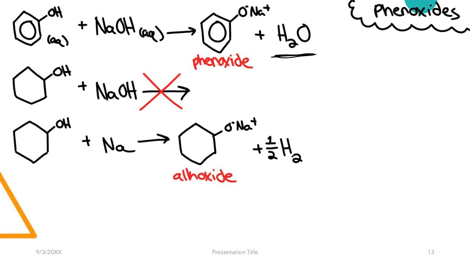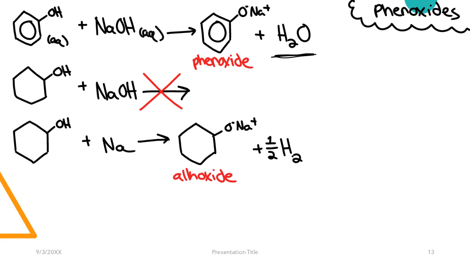It only happens with phenols because they're slightly acidic, so they can have acid-base reactions. Remember from Chem 1, acid-base reactions form a salt, which just means an ionic compound, which is what this is, and water. Okay, so this is essentially an acid-base reaction to form a phenoxide. But remember earlier, this does not happen with alcohols because alcohols are not acidic, so they cannot have acid-base reactions.